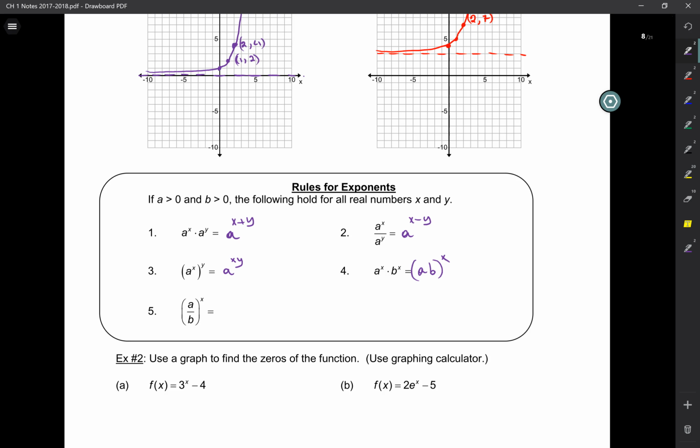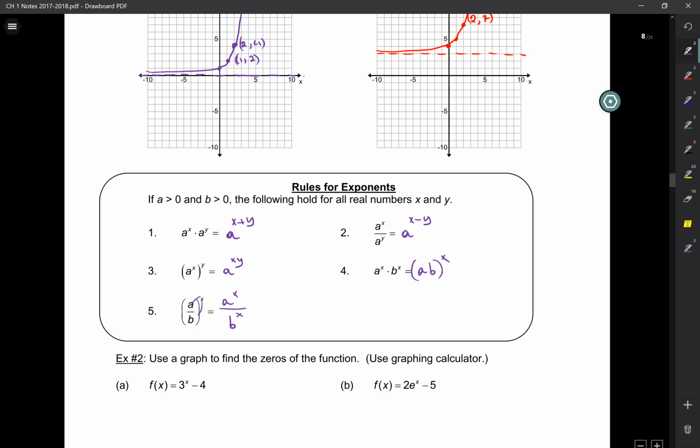So basically, if you had what I just wrote down, and you wanted to expand it, what would you do? You would give an exponent to the a, you would give an exponent to the b. So it would be a to the x, b to the x. Okay? So, like in this next one, for example, if you have a quantity raised to the power of exponents, you distribute a to the x over b to the x. Good.